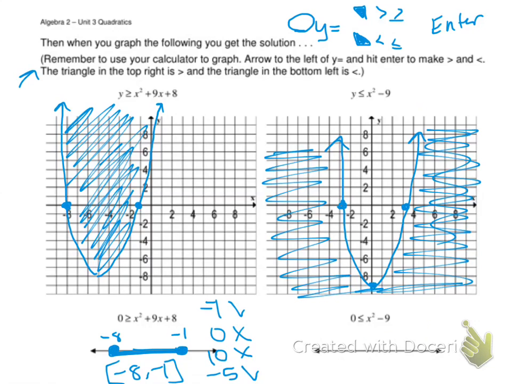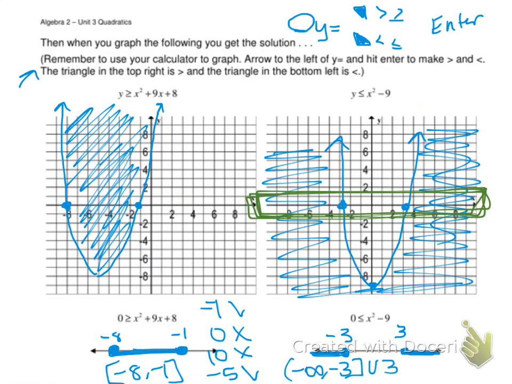Once again we want to look at just the x-axis and what it is showing us. It shows a dot at -3 and a dot at 3, and we're shading on the outsides, which means we have negative infinity to -3 and 3 to infinity.